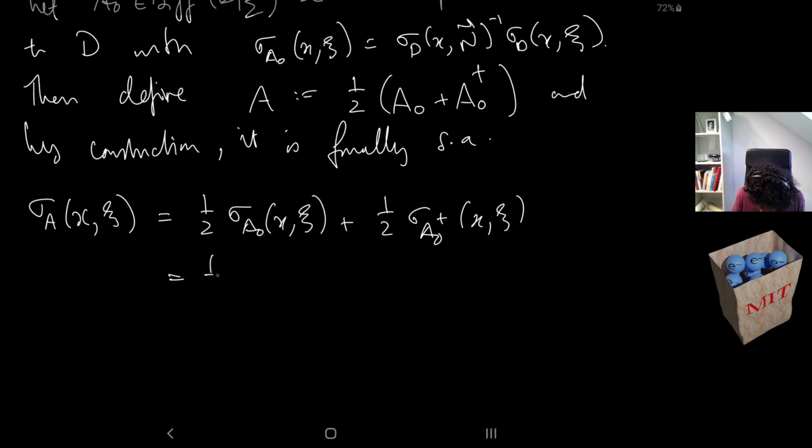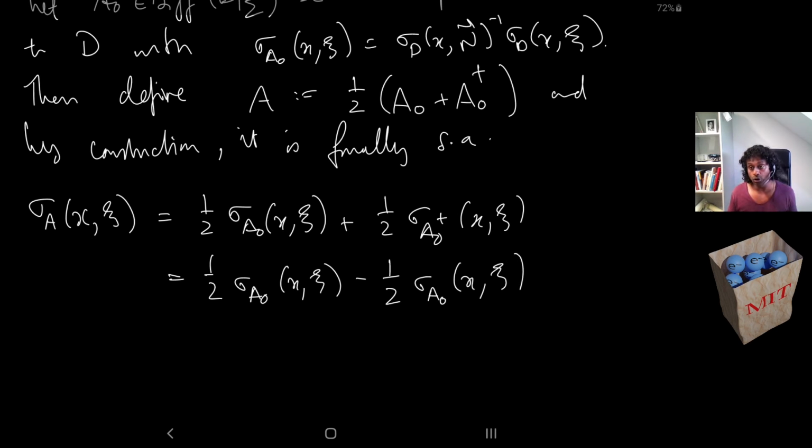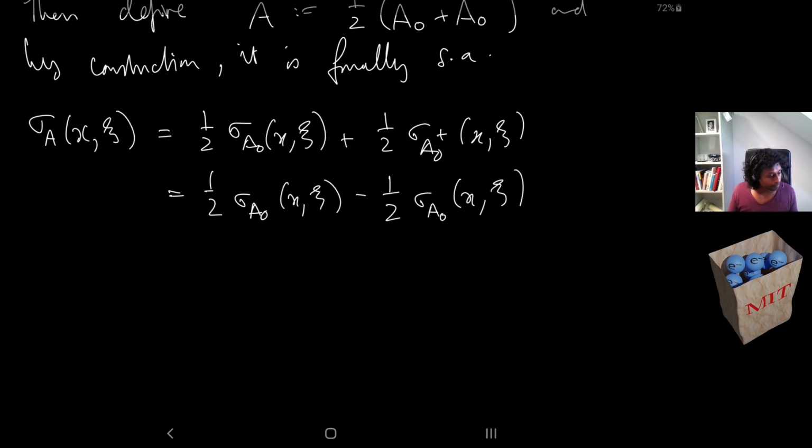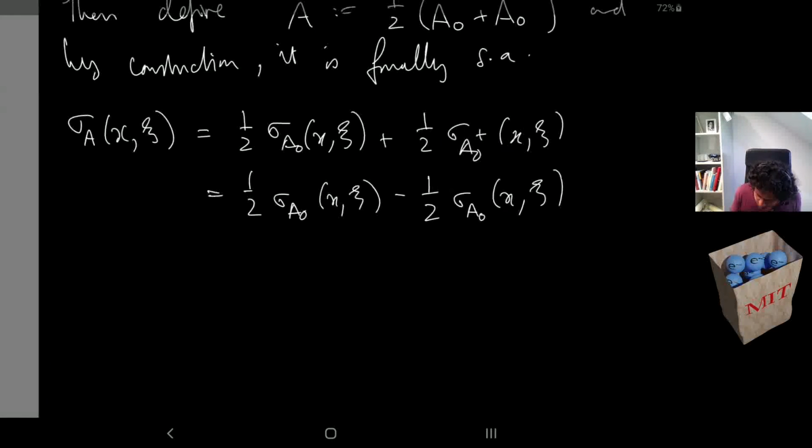And this is equal to half A naught xi. And then we know from the calculations before that this is going to be minus a half of the principal symbol of the A naught star, right?